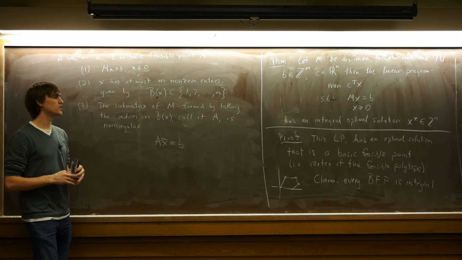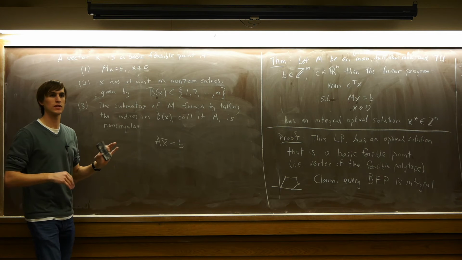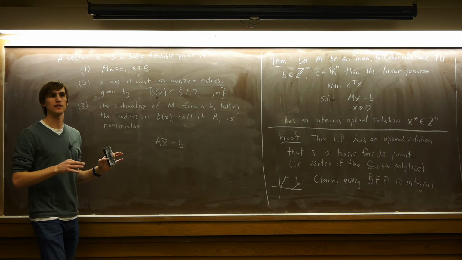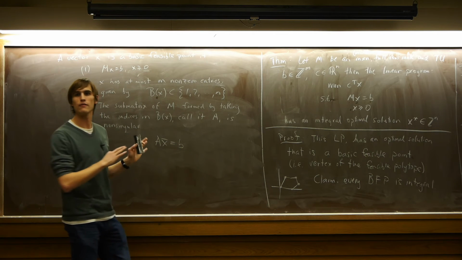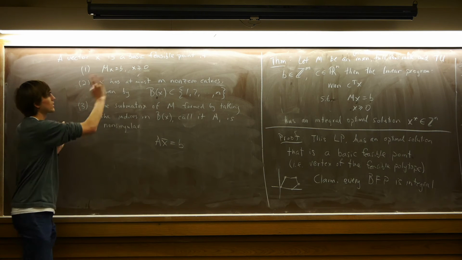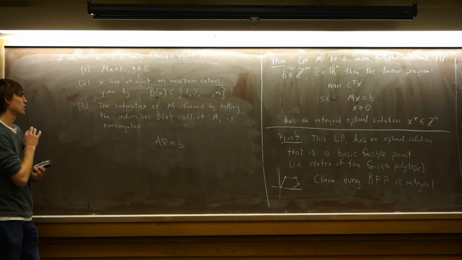Given this theorem, the next thing I'm going to do is give you a quick corollary, without going into details, to show you why we can relax this. But for the sake of the proof right now, let's say we have a full row rank matrix, and we're going to look at just one basic feasible point.